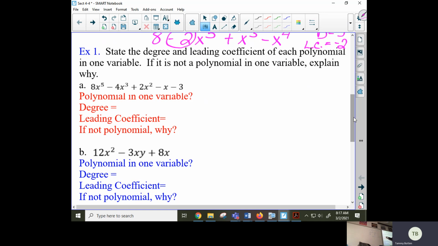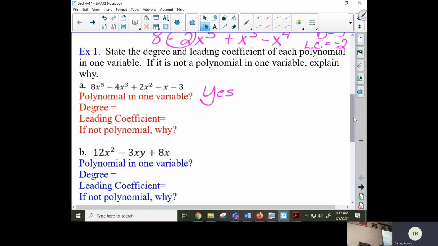Now, if you look here, when they say polynomial in one variable, you just want to make sure every one of those things has just an x, no y's, no z's, nothing like that, okay? So this is a polynomial in one variable.